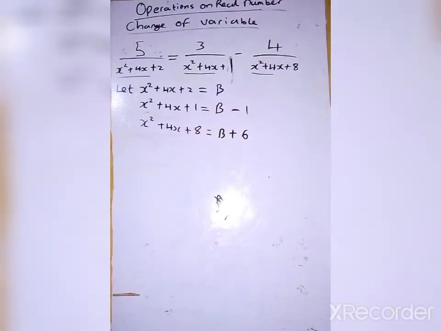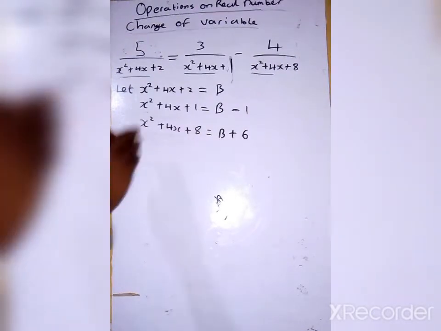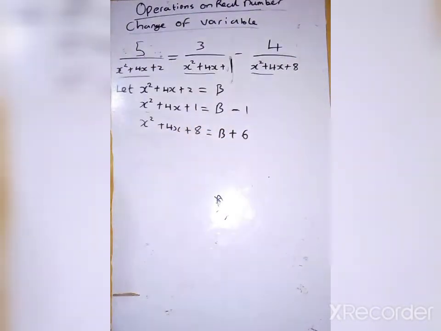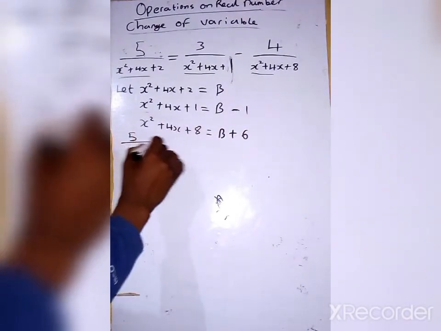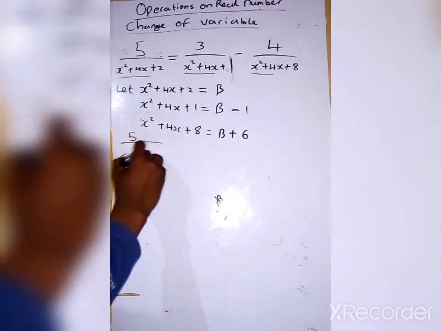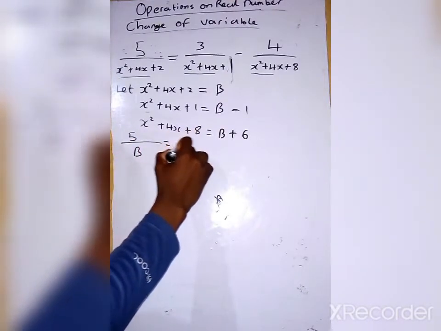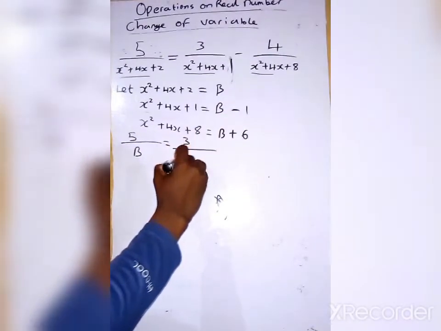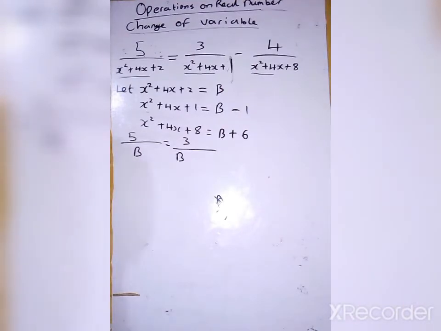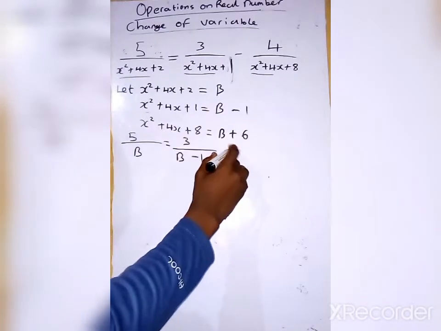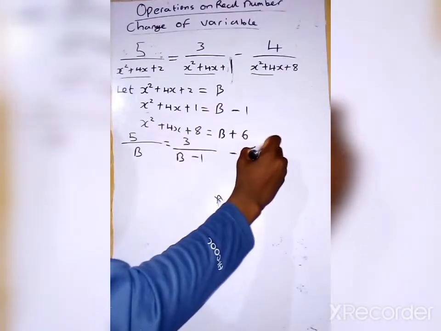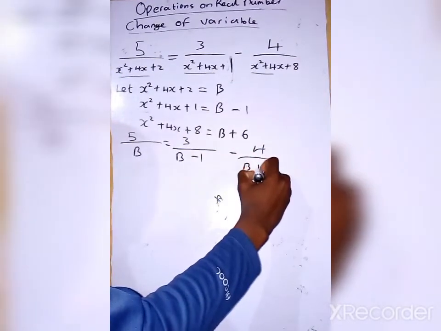Now we can insert these values into this equation. We now have something like 5 over b equals 3 over b minus 1, minus 4 over b plus 6.